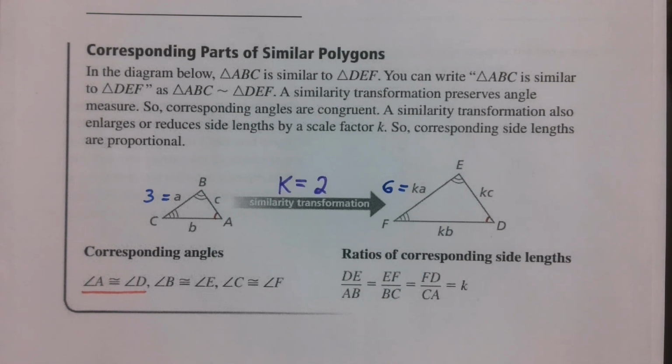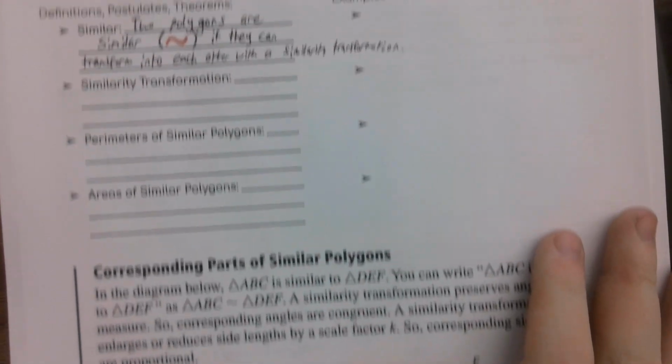So there are two parts to a similarity transformation, and we're going to write both of them down.